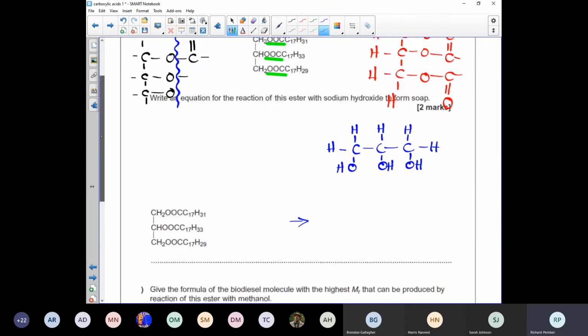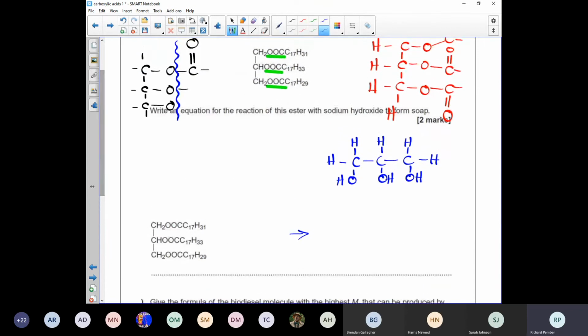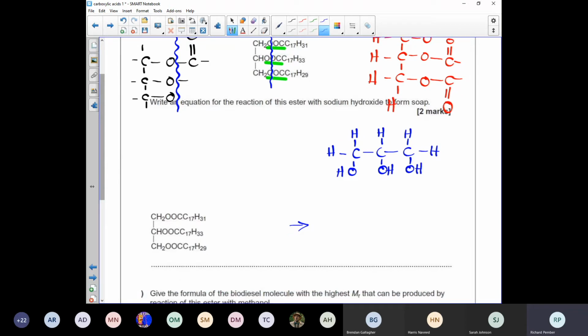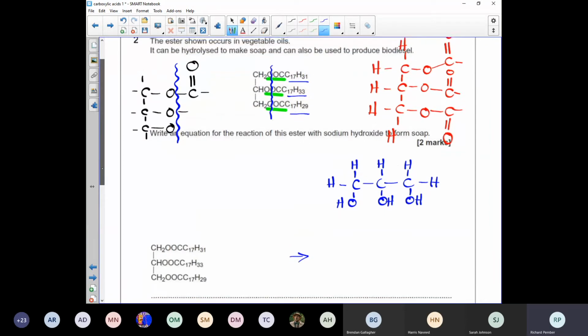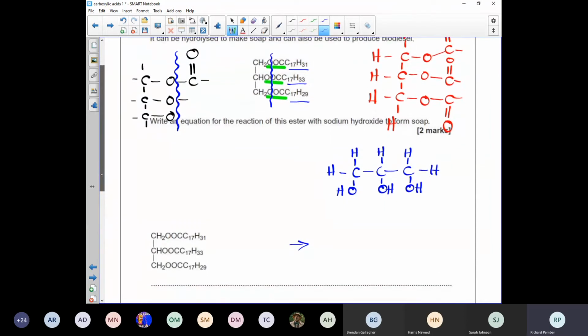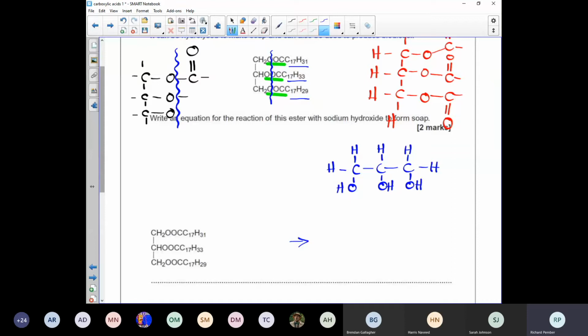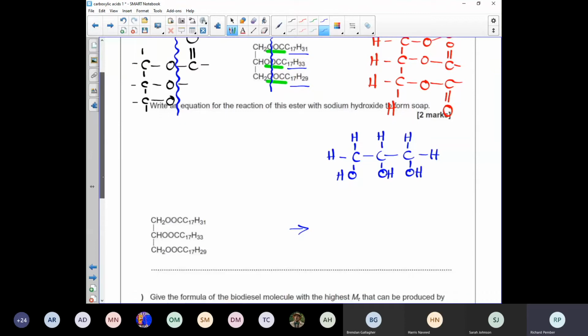And then I'm going to go back, and these are going to become carboxylic acids. So you can see that my chains have a different number of hydrogens each time, the same number of carbons, so that means that there's a different degree of saturation to each of these chains. So I've got 3 chains.